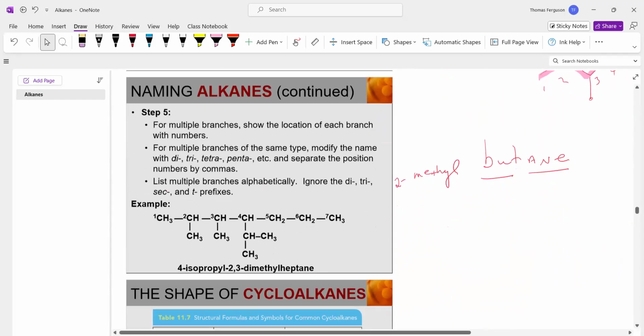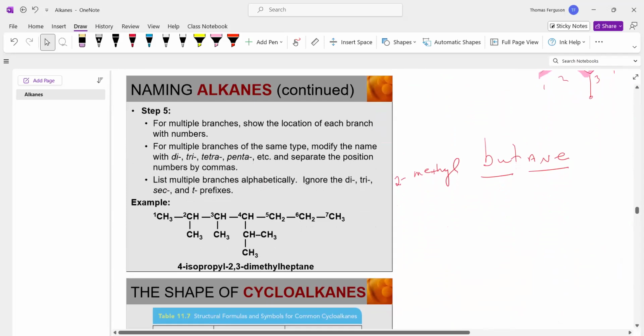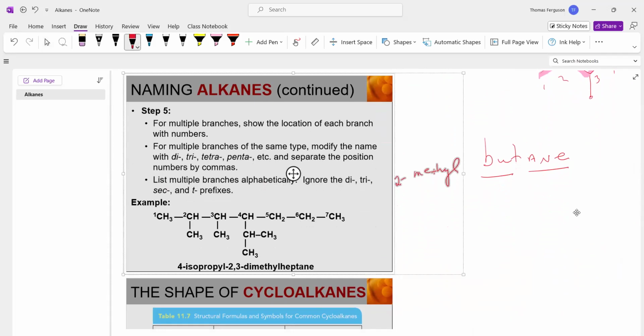Now, we can have different branches, and we can have multiple branches. So those come into play in terms of naming.